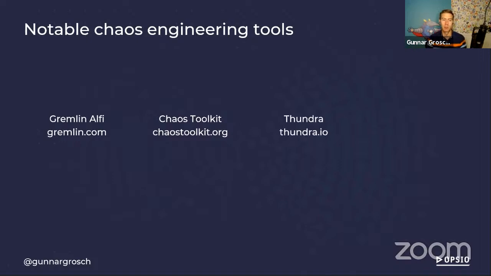Then we have the observability tool Thundra. They have added functionality in their tool to be able to inject failure into your Lambda invocations. So you're able to create different types of failure modes directly inside the observability tool Thundra. And then we have the NodeJS library called Failure-azurefunctions that I've created.